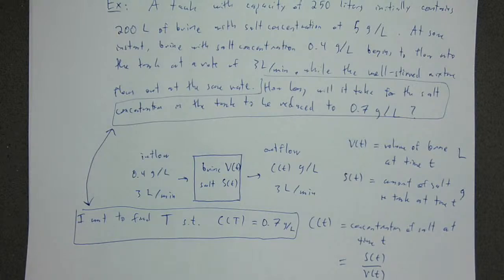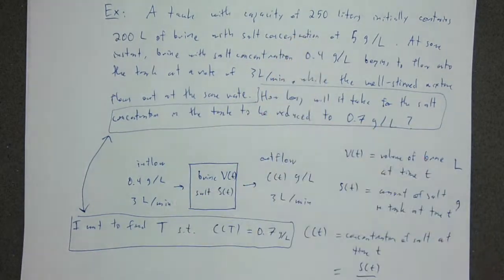This thing that I've boxed is exactly what the question is. There are a couple of other things here. My tank has capacity 250 liters, but that doesn't show up anywhere here.